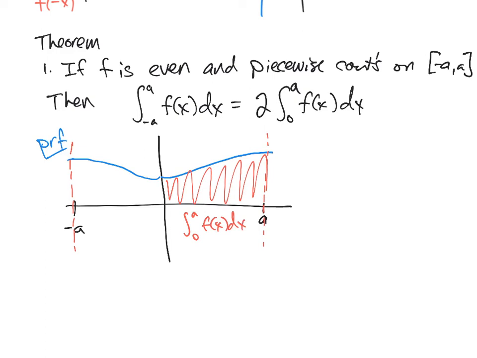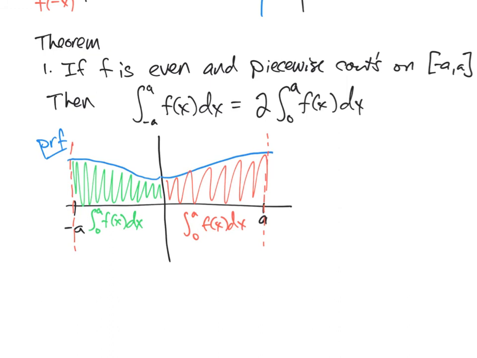And then on the left-hand side, this integral is the same thing, from 0 to a of f of x dx. And so you can see that the whole integral under the curve from negative a to a is just going to equal the green part plus the red part, which is equal to twice the red part.